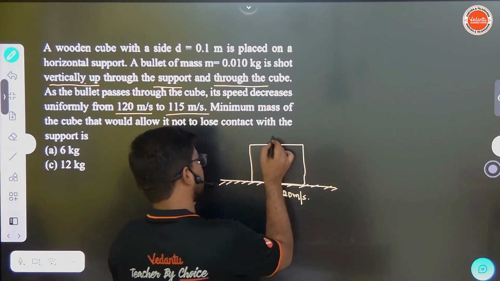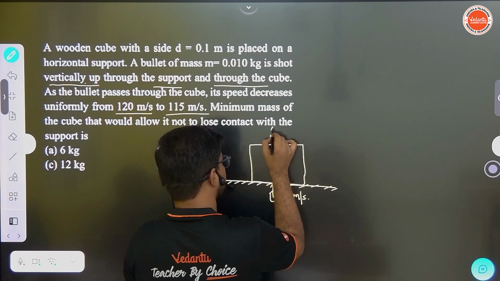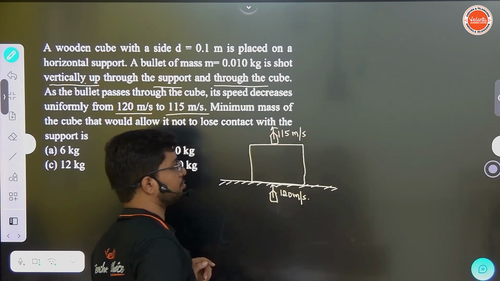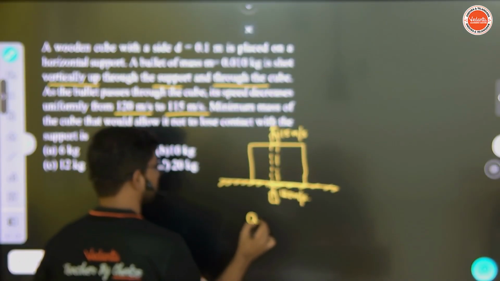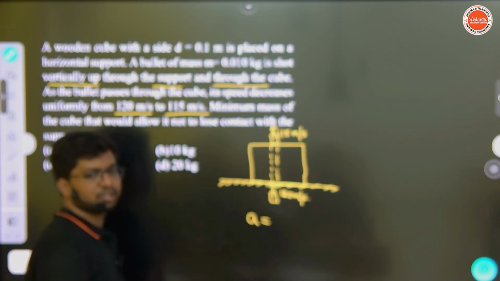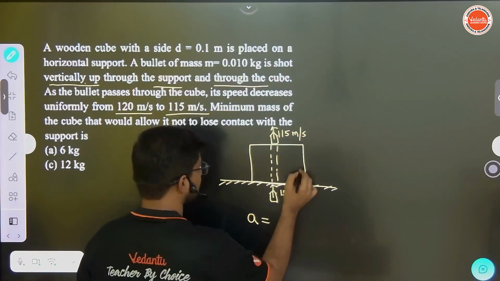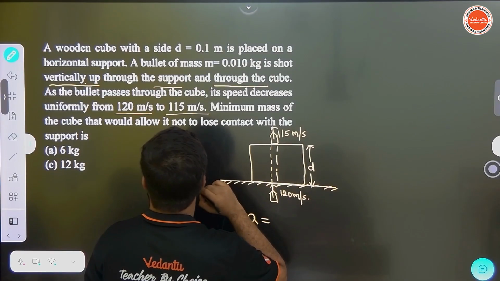And the velocity has decreased to 115 meter per second as it comes out. Clear? Understood? Right. Which means what is the deceleration, or acceleration, of the bullet over here? So you take the side of the cube; did they give the side of the cube?